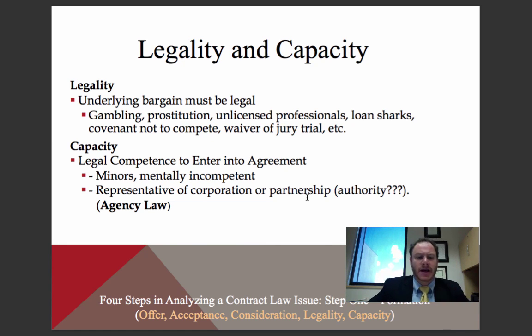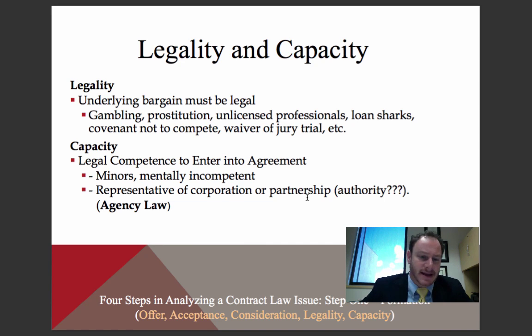Now, under the law, the more restrictive that covenant is, and the more limitations that are placed on that employee that prevent him or her from pursuing their livelihood, the more likely it will be deemed as illegal because it's against public policy. So that's something to think about.